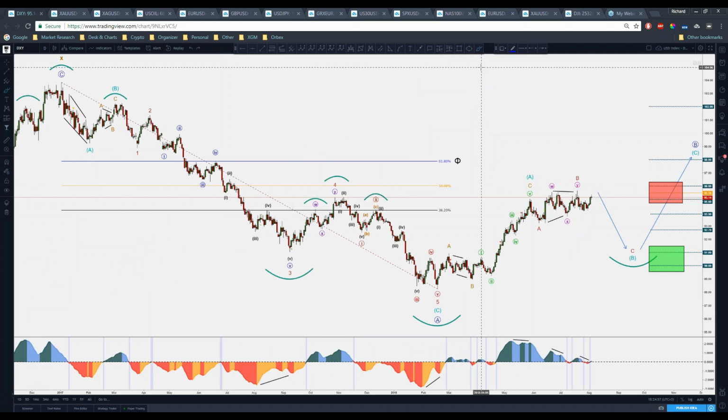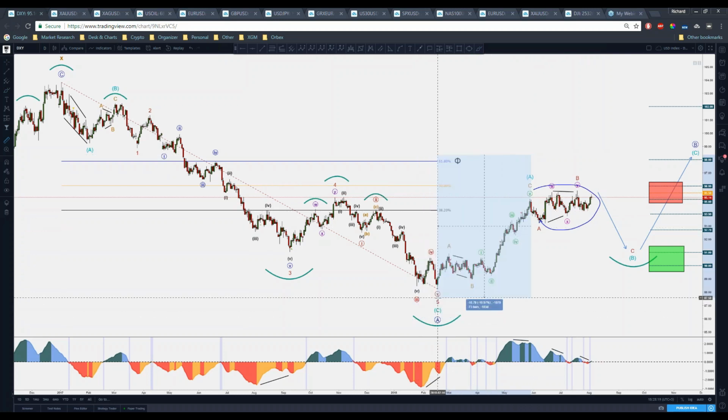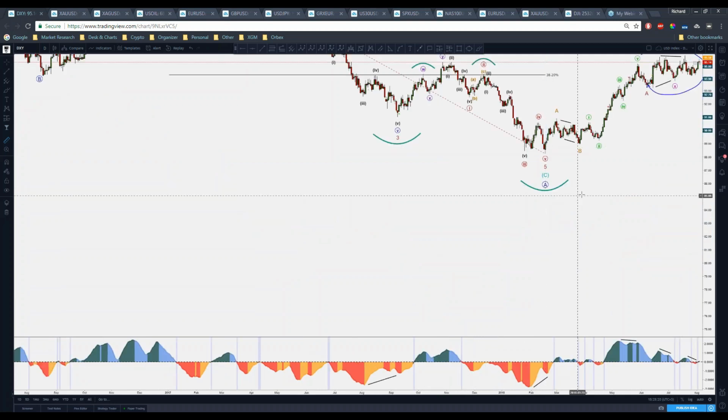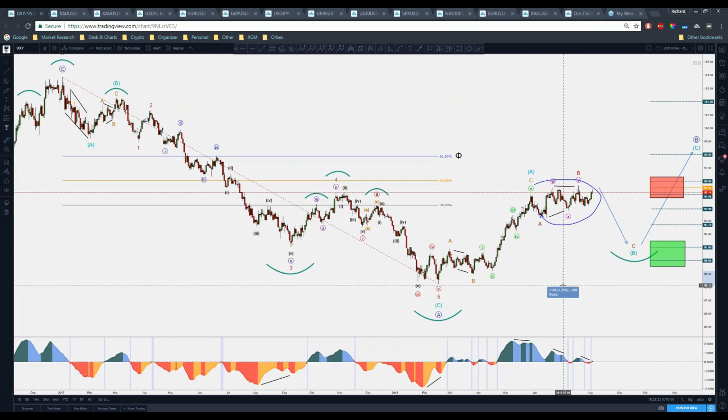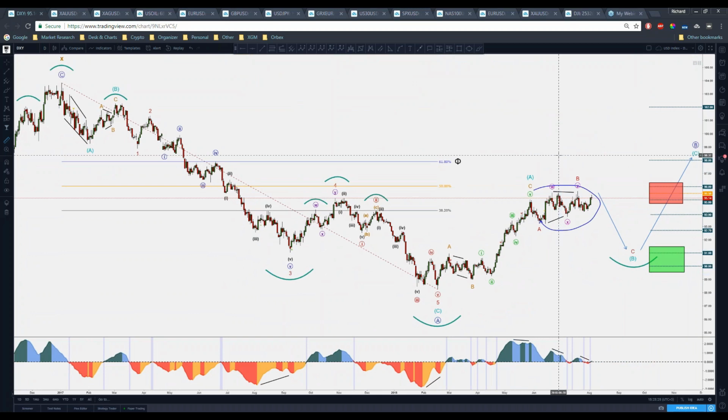Now, speaking about the dollar, let me just go back to the dollar index right there. Now, the point is that this corrective structure, for instance, wave A took about 73 days, and wave B so far took 48 bars.